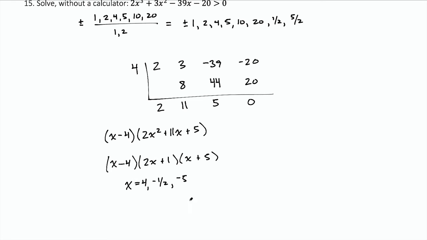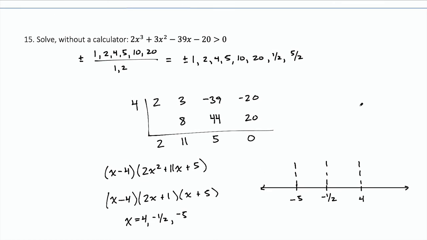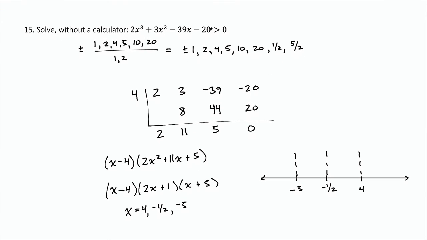So we can plot these on a number line: negative 5, negative 1/2, and 4, which breaks the number line into 4 different regions. And now we just need to check whether or not this thing is positive or negative on each of the intervals.